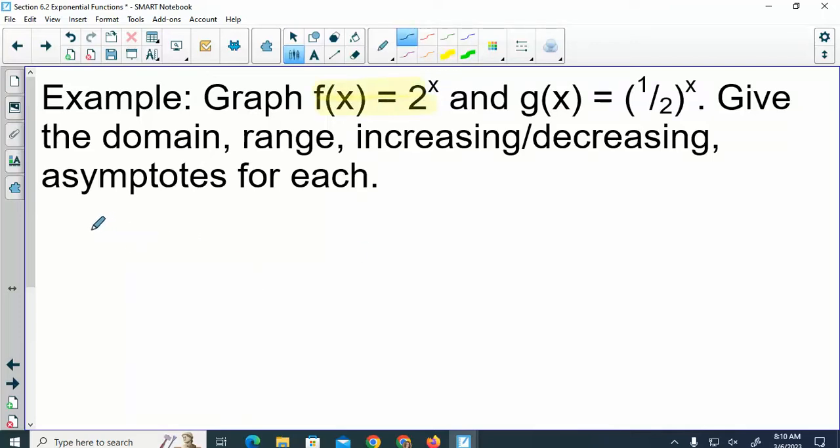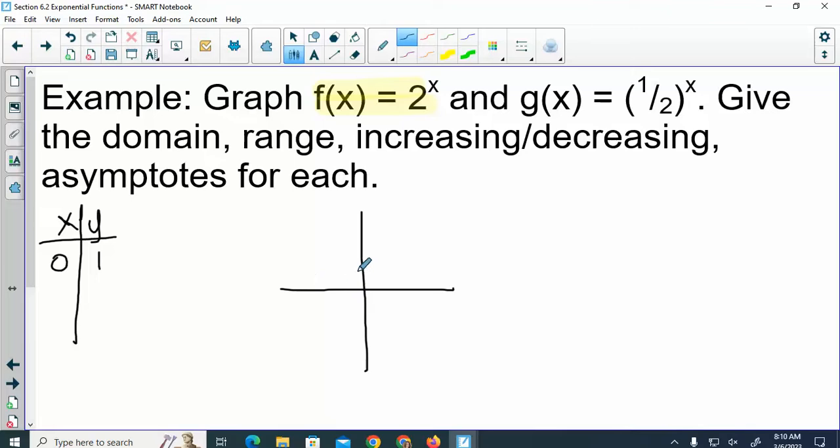If we don't know what something looks like, how do we graph it? And if I want exact points, what do we have to do? T-table, T-chart, whatever.